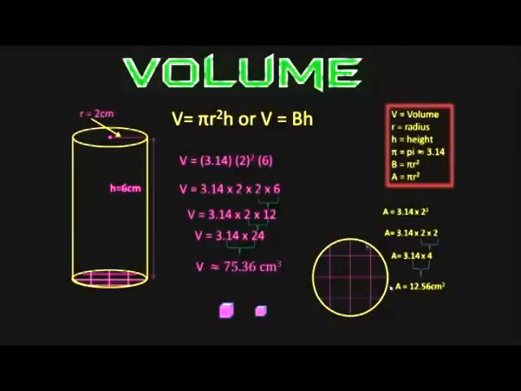So we have a squared area of 12.5600 centimeters squared. And if you notice, it looks the same here. The perspective is slanted here because this is for our 3D cylinder here. Okay, so then all we do is we just add height, and that takes these squares and turns them into cubes, and we have these cubic measurements here. 75.36 centimeters cubed inside, and that'll wrap up this video.